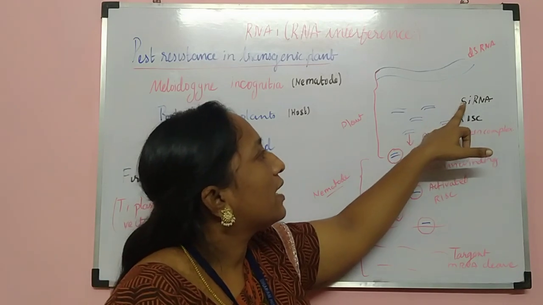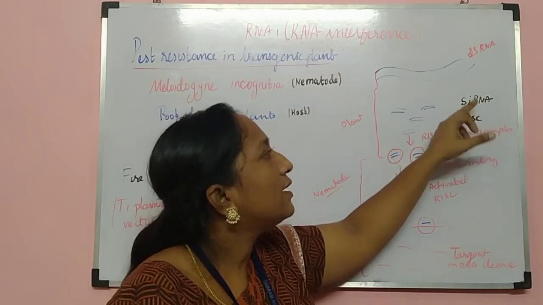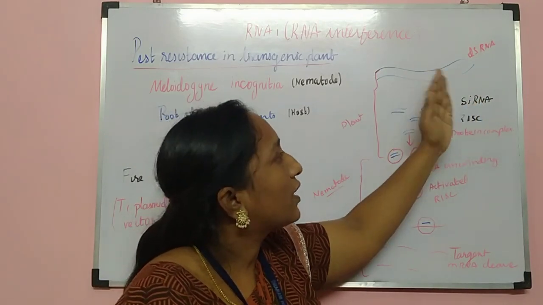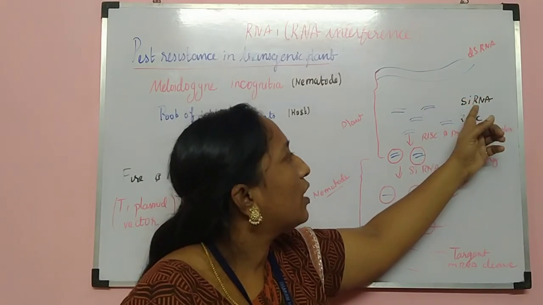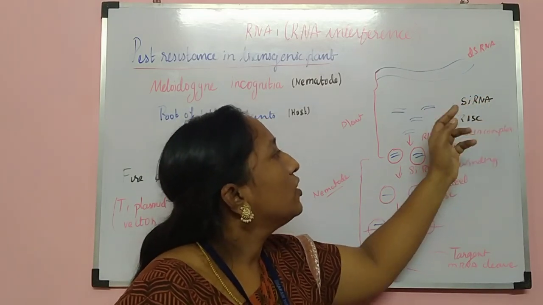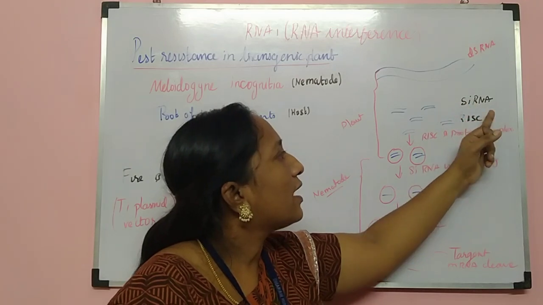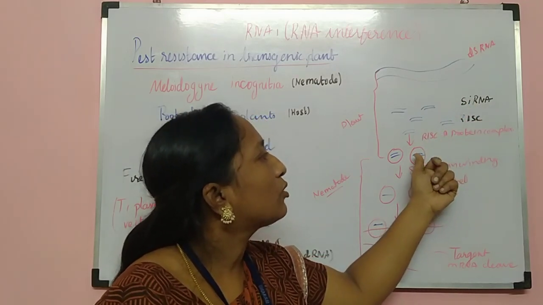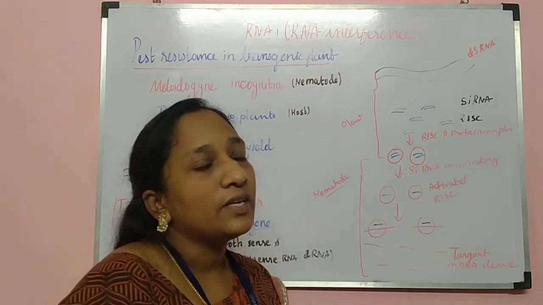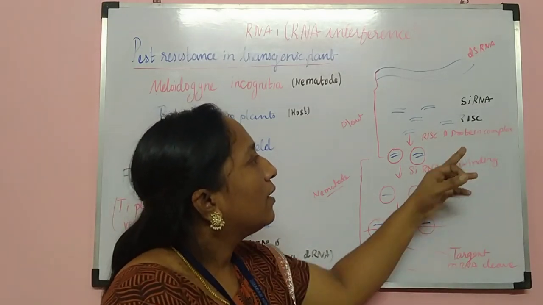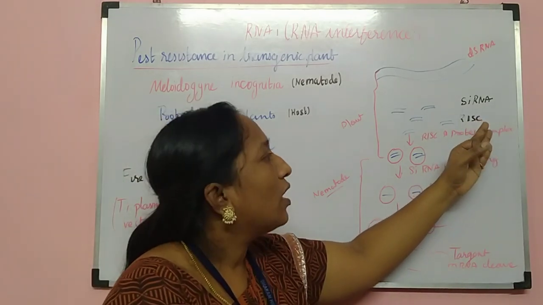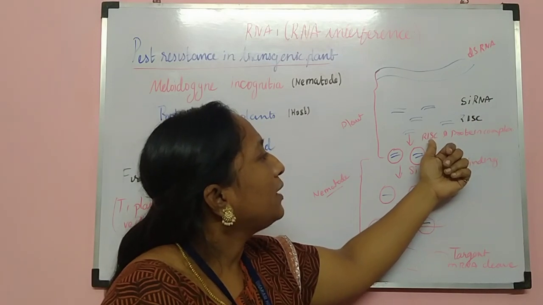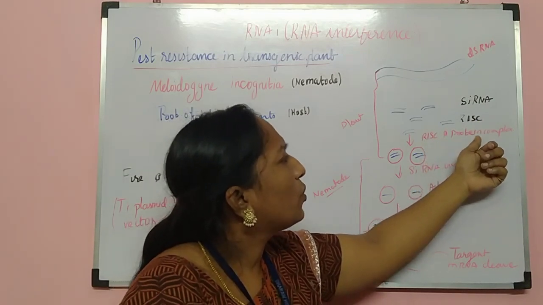You already know what siRNA is. When the double stranded RNA is cut, it forms 3 types of RNA, and one of them is the double stranded siRNA. This double stranded siRNA combines with some protein and forms a complex called RISC. You already learned what RISC is, so it forms the RISC protein complex.